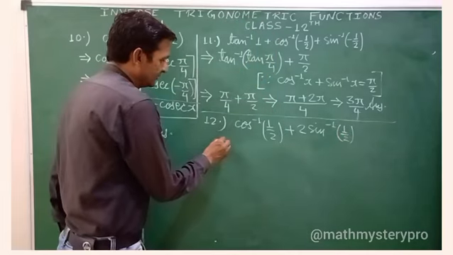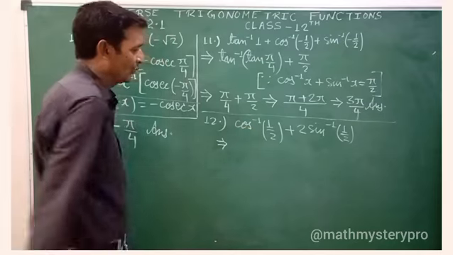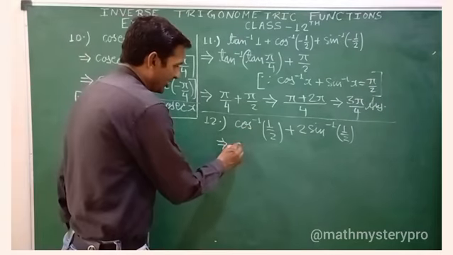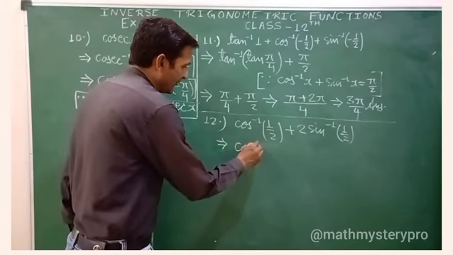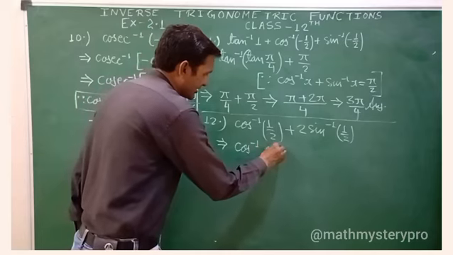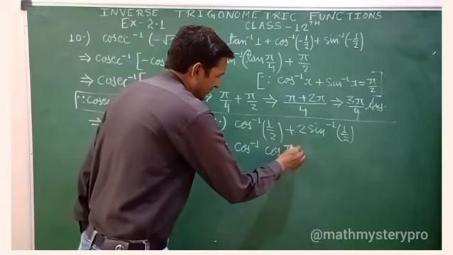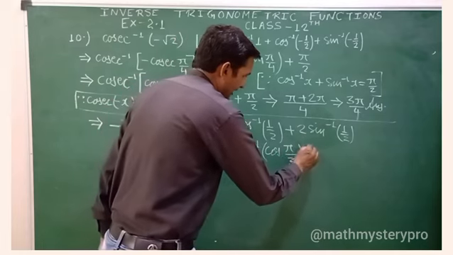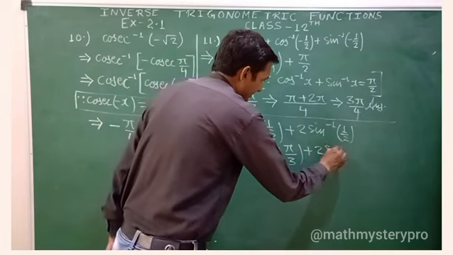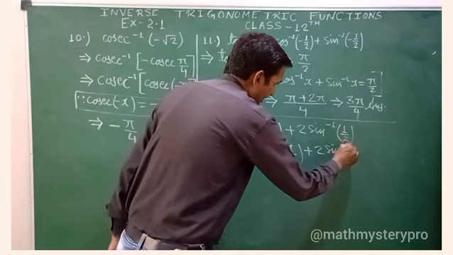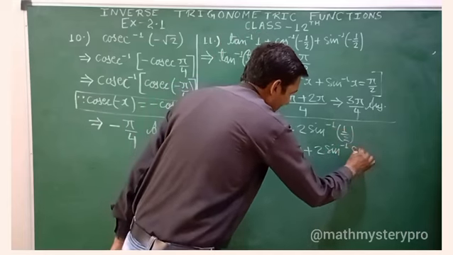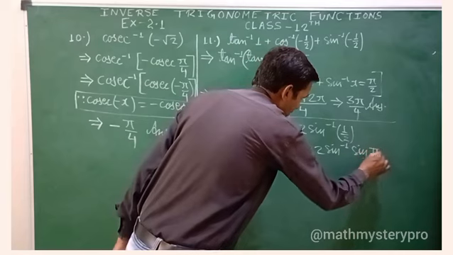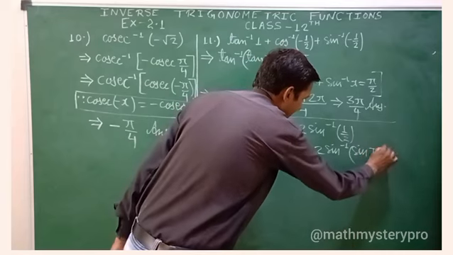You know very well that 1 by 2 in the trigonometric ratio cos comes at which angle? Cos 60 degree, that is pi by 3, plus 2 sin inverse sin, it will be the value of sin 30 degree. So it is pi by 6.